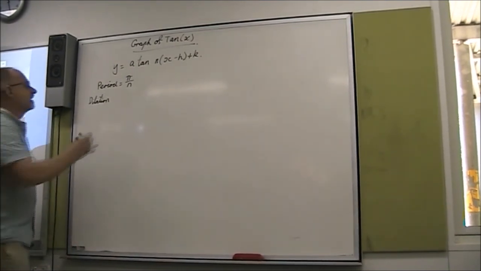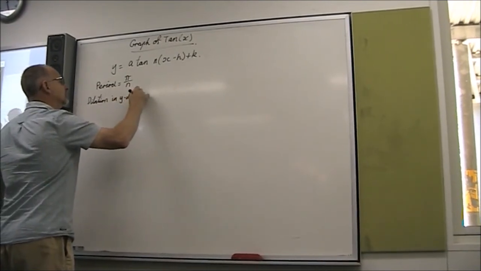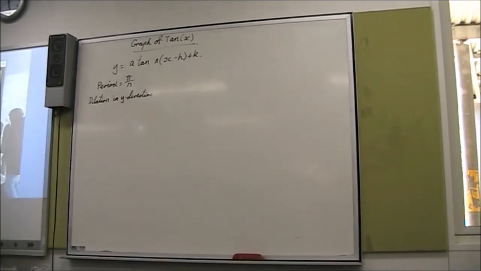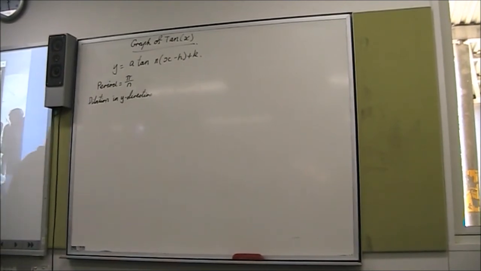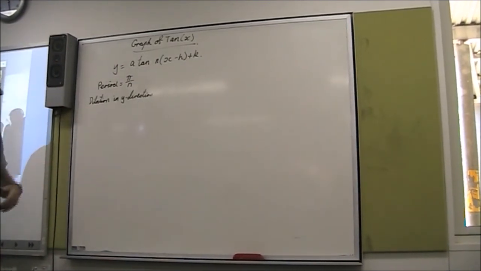So the dilation in the y direction. Toby asked before about that with the sine and the cos. The amplitude, yes, the amplitude is also a dilation in the y direction. It's true, but we don't actually have an amplitude in the tan graph because it doesn't get to a high point and then come back.